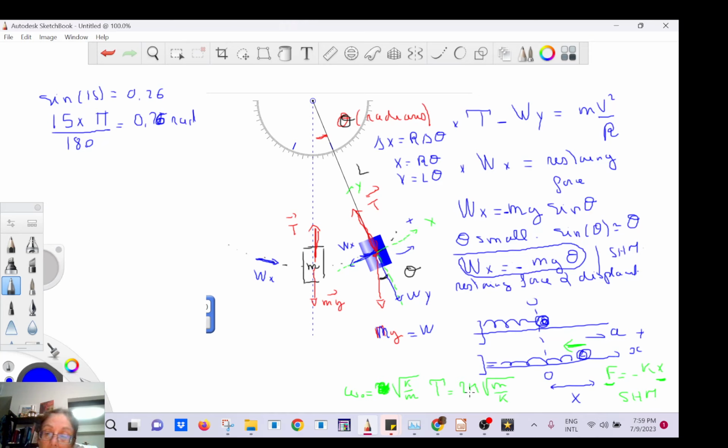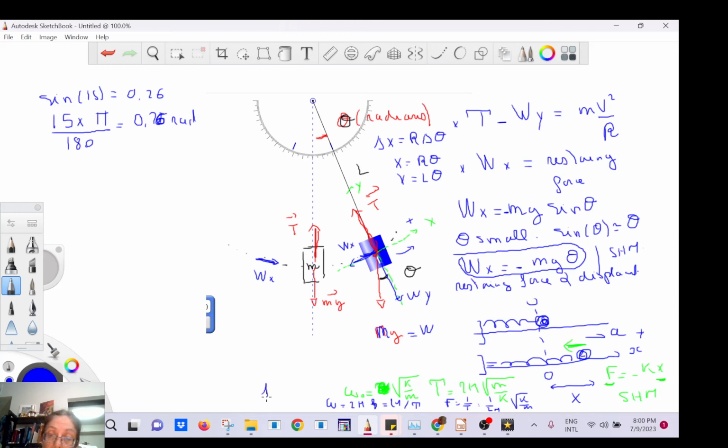So let's go back to here. The period is the time for one cycle. The frequency is 1 over the period, so it's going to be 1 over 2 pi times the square root of k over m. It's the number of cycles per second. And omega is what we call the angular frequency, 2 pi over T. The angular frequency is the number of radians per second.